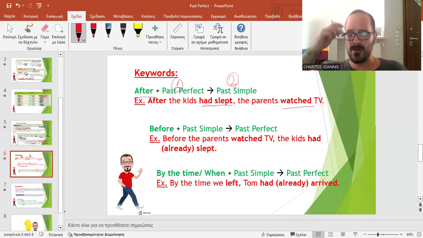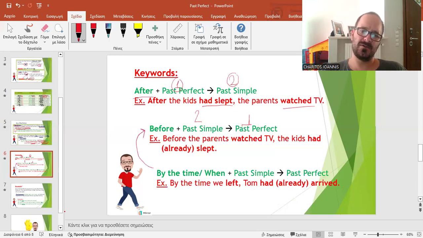If I use before, it is the opposite of after. So before the second action, the first action took place. So before the parents watched TV, second action, past simple, the kids, action one, had already slept. These two groups of keywords are the same, it's the same logic.